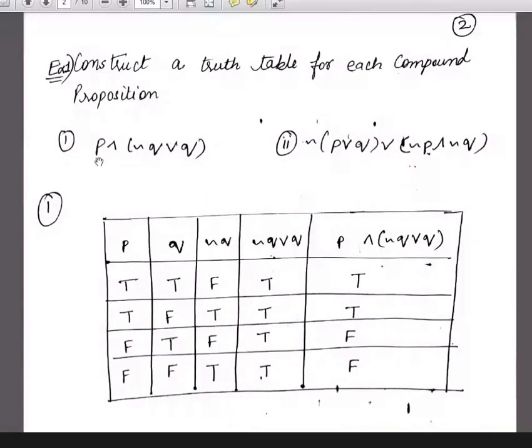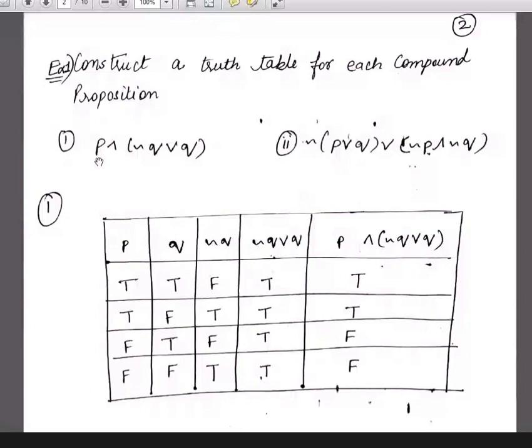P and negation Q or Q. There are two variables, P and Q. First write P and Q in the truth table, and at the end you have to find the truth value for this.